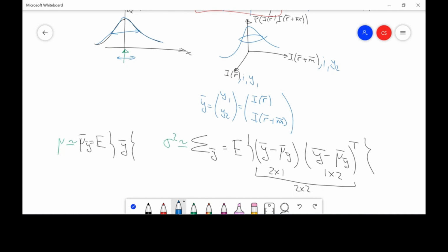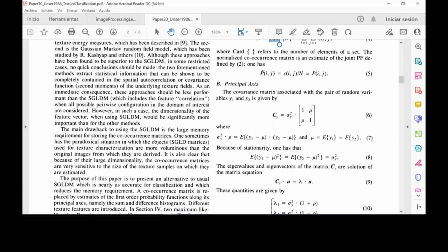Okay, good. Then a vector has a covariance matrix, and you see the same kind of definitions that we have. That is an interesting property.